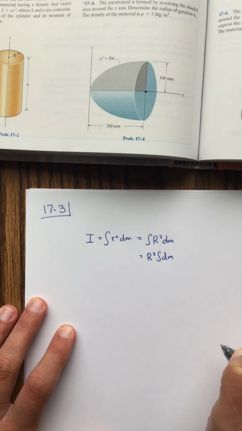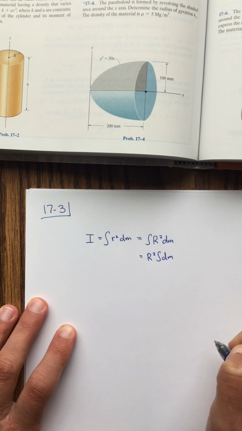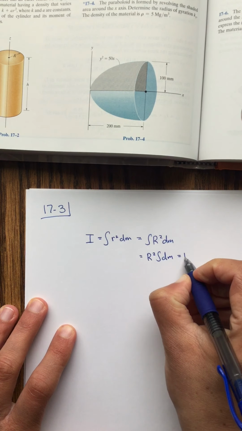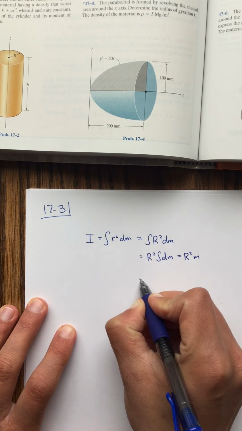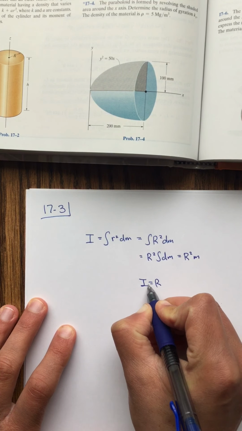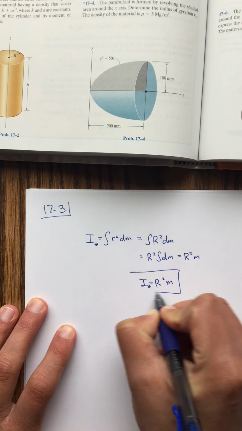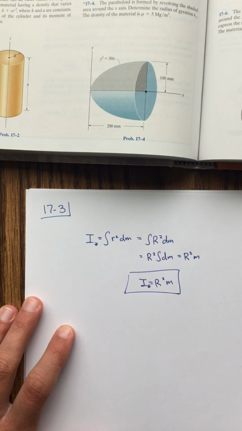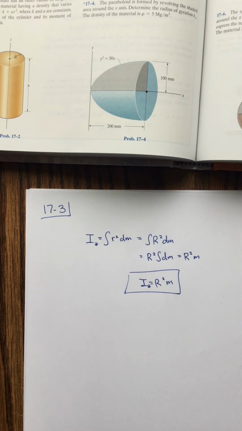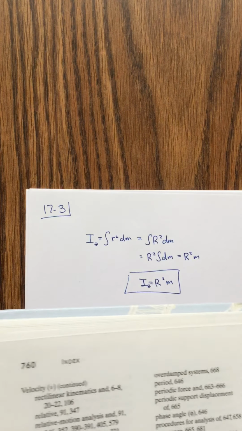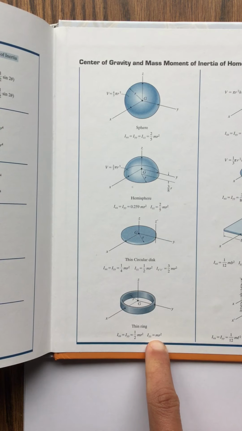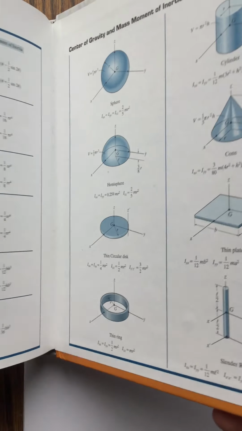And when you integrate all the mass, you get the total mass, which is m. So this is R squared m, and that is the moment of inertia about the z-axis for the thin ring. We looked at this before, but you can check in the back of the book, and that is the moment of inertia about the z-axis for the thin ring.